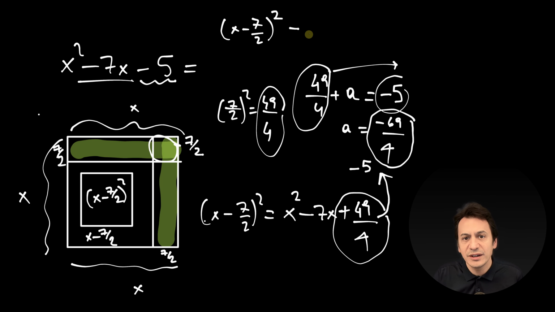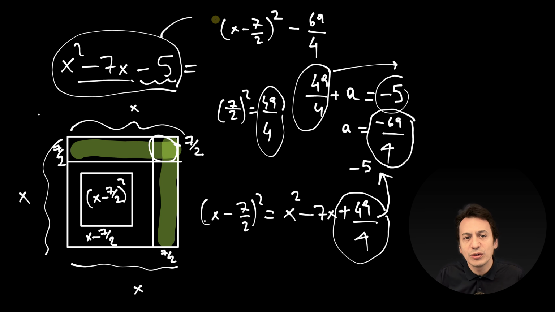Let's put a minus here, and now it's 69 over 4, and now I have my expression. These expressions are equal to each other. It's an identity. We wrote these algebraic expressions in terms of the square of something, because it will help us greatly in understanding quadratics and the quadratic formula. Okay, see you in the next video.